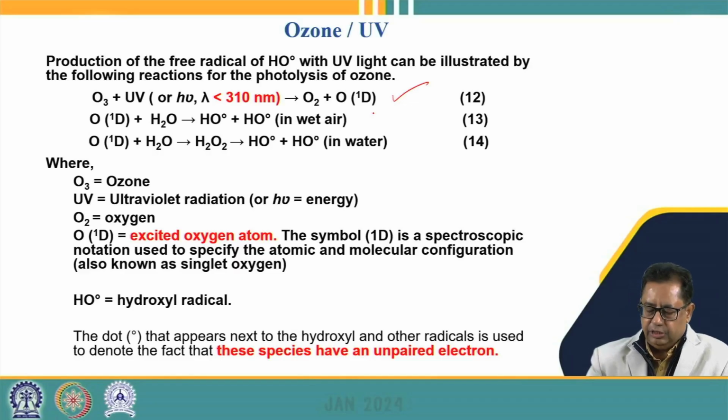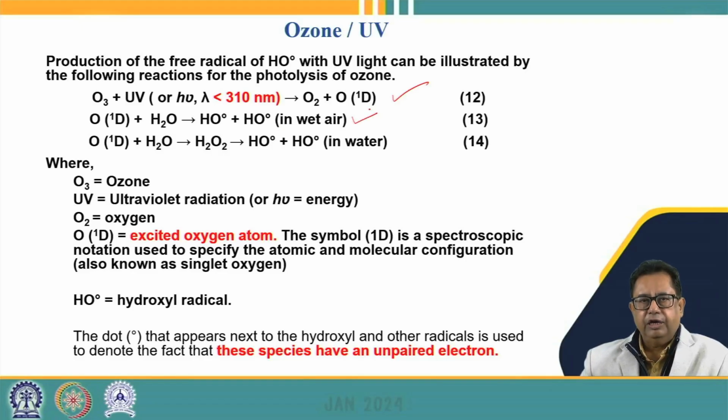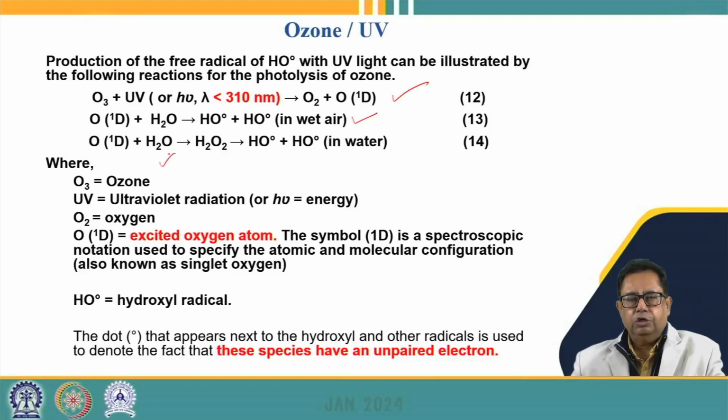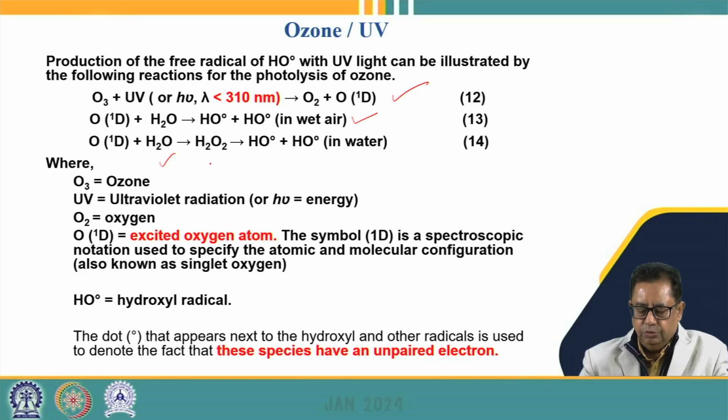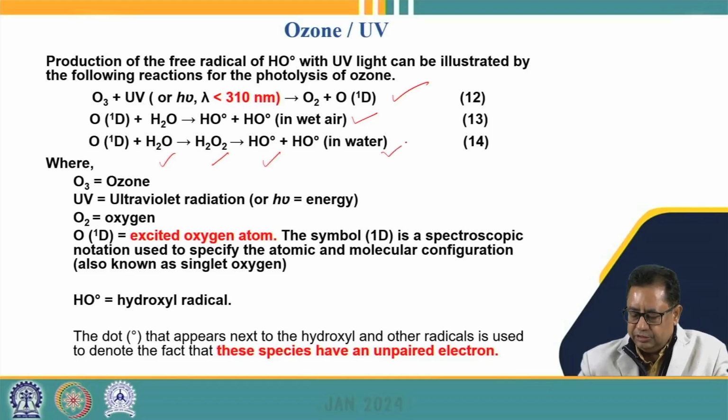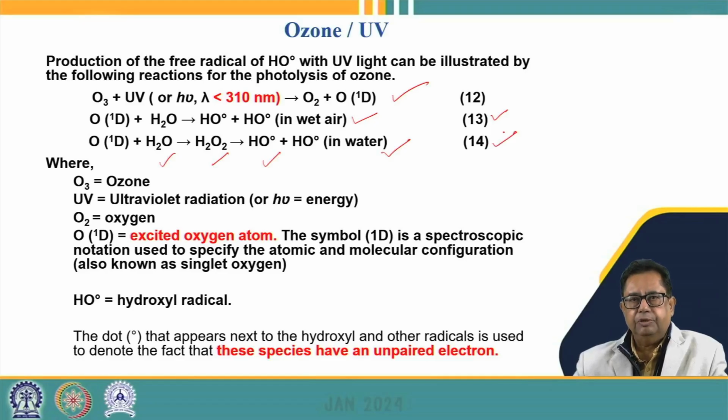This excited oxygen atom then reacts with water and can form •OH radicals in wet air. Similarly, the excited oxygen can also react with water to form H2O2, which can lead to the formation of •OH radicals, and this reaction happens in water. Reaction 13 happens in air, and reaction 14 happens in water.